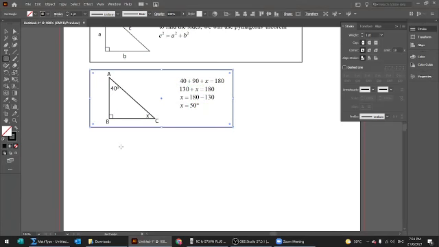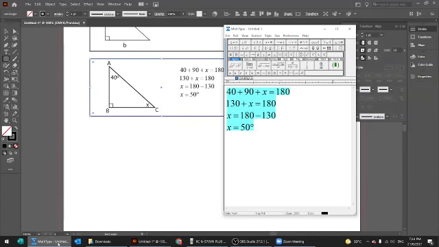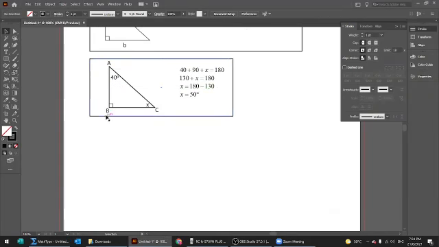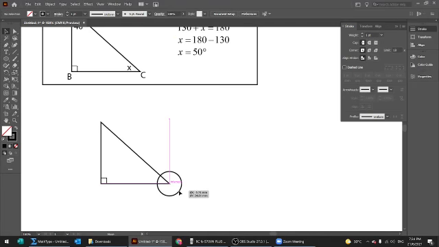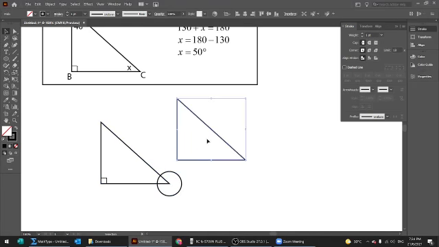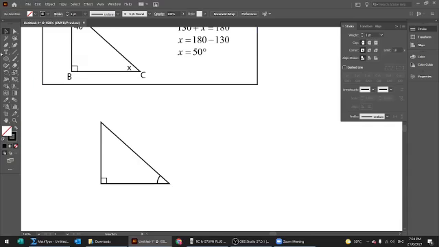The three basic trigonometry ratios that you have learned before are sine, cosine, and tangent. Let's say we have a right angle triangle, and I'm talking about this angle here, which is x.